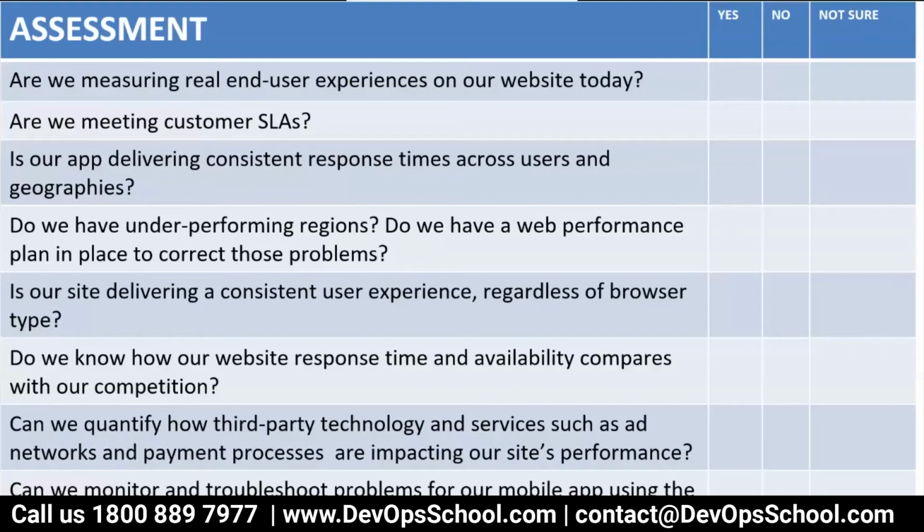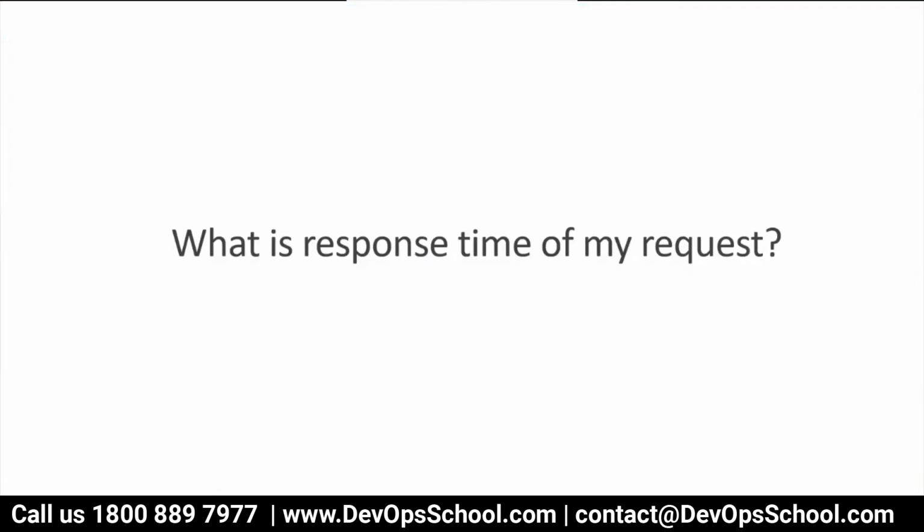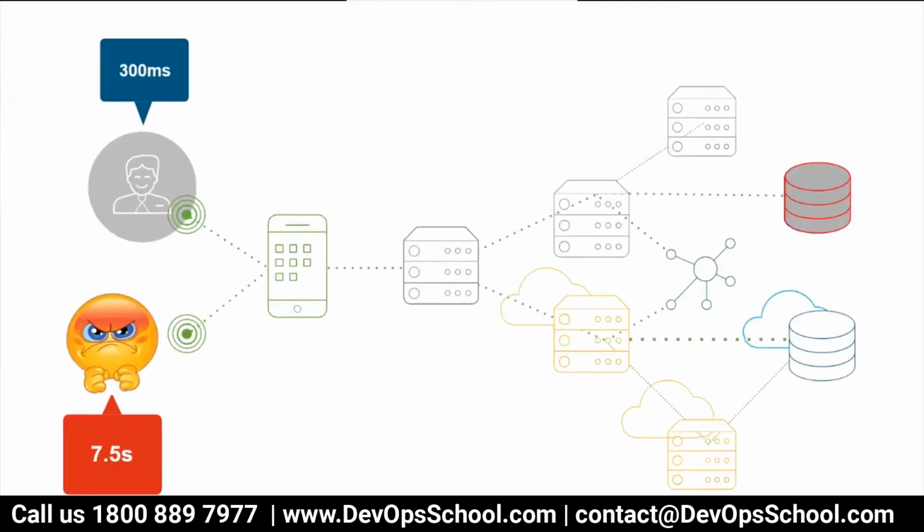So the question is, what is the response time of my request? 300 milliseconds or 7.5 milliseconds? Remember that you may be from a different geography. You may be using different devices, maybe laptop, iPad, Android or iPhone, whatever it is.